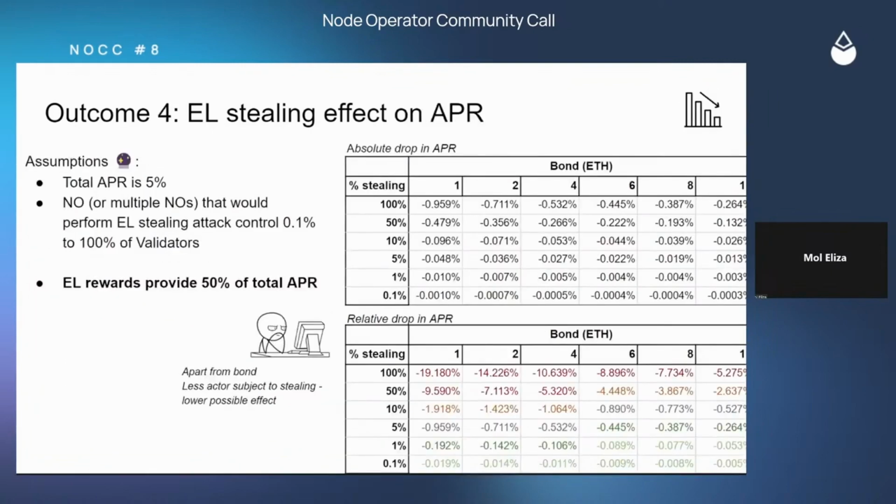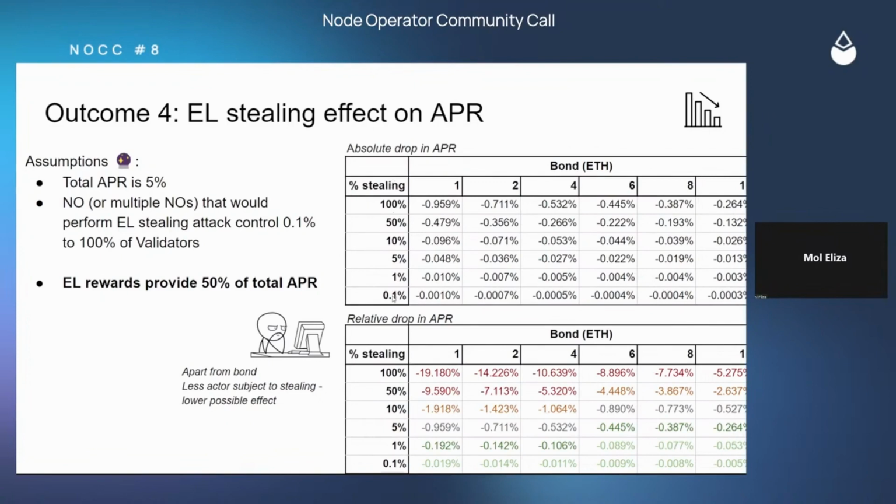And elaborating a little bit on this, we can challenge the last assumption of the percentage of node operators or validators that are subject to stealing. In terms of community staking, we're not going in with distributing all 100% of stake to permissionless node operators.